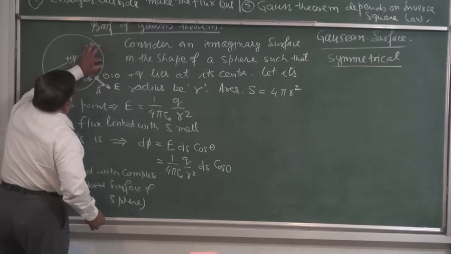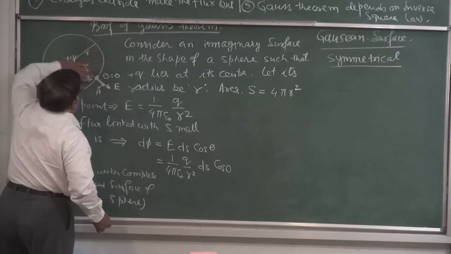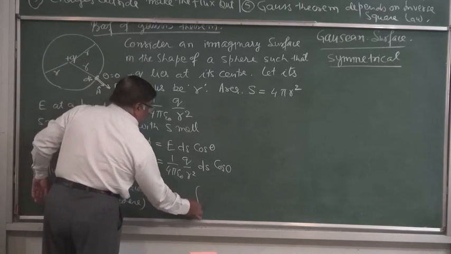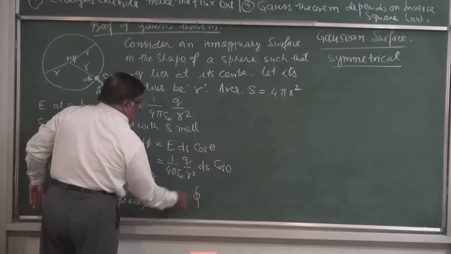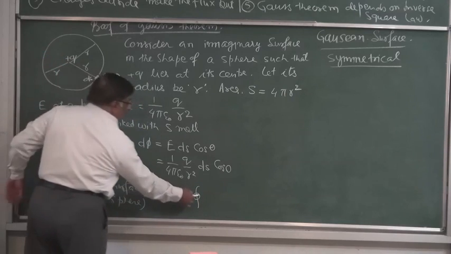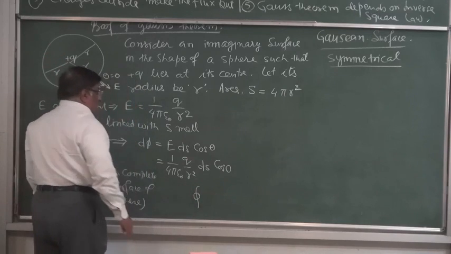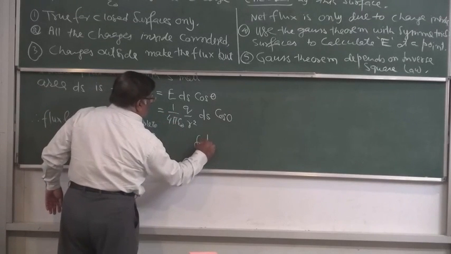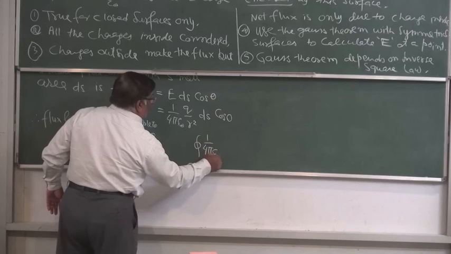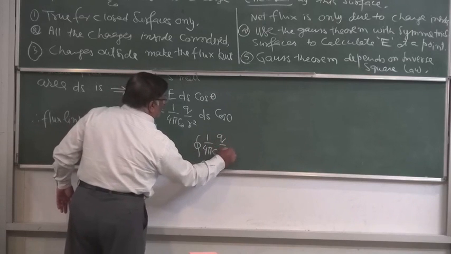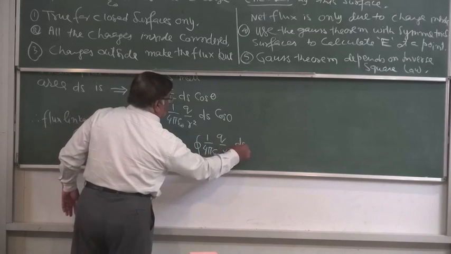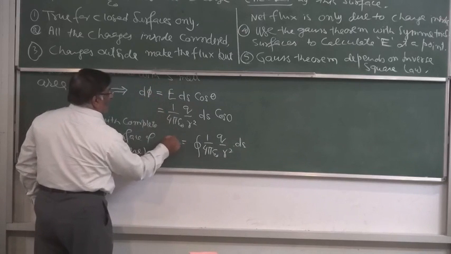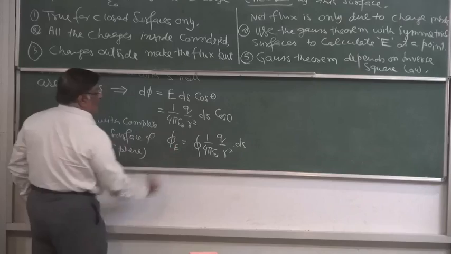D phi here, d phi here, d phi here, add them up. If we add them up, then what is the process of addition? Integration. For the full surface, we will write it as closed integration. So, closed integration of 1 upon 4 pi epsilon naught q upon r square ds. What does it give us? It gives us the total flux. We will write it phi E.